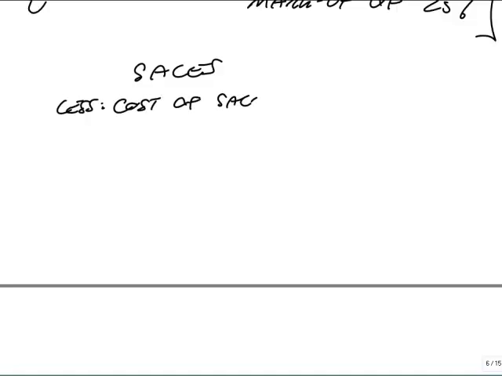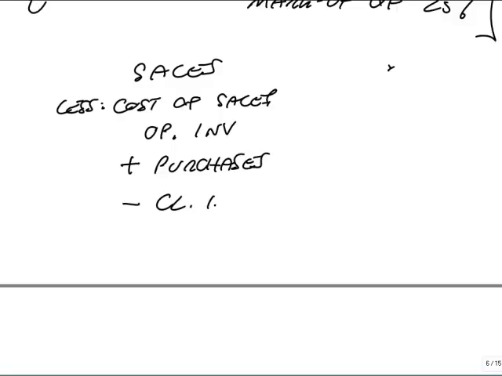And the cost of sales is your opening inventory plus any purchases, less any closing inventory. Do you remember? The cost of sales is what you had at the beginning, plus what you bought, less what you've got at the end. And that gives you your profit.